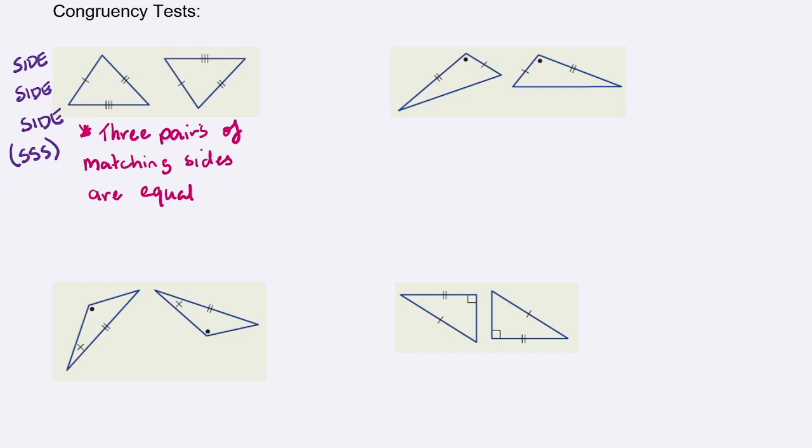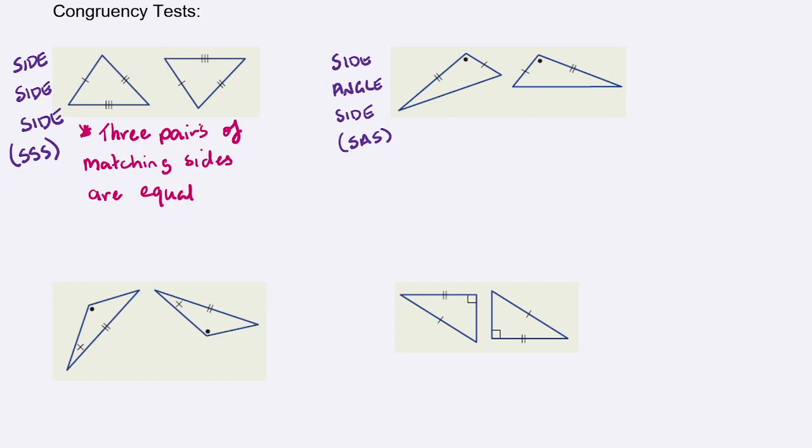Our next test is side, angle, side, or SAS. Now, there is a really good reason why the A is in the middle and not at the end or at the front, and it's not just because that would spell something a little bit not okay. It's because that angle has to be in between the two sides, and we call that an included angle.